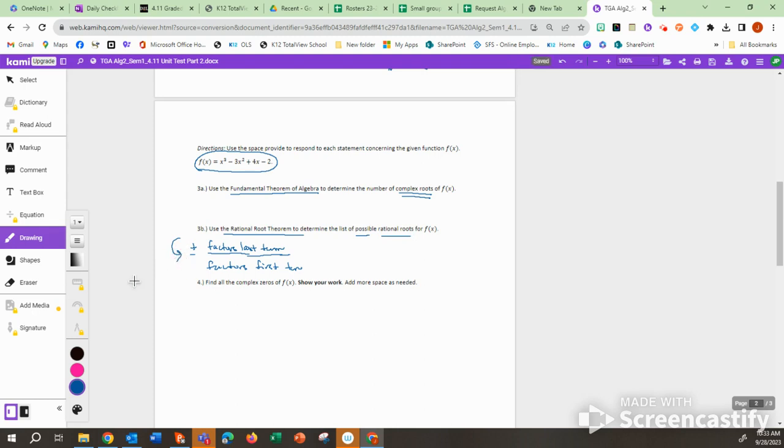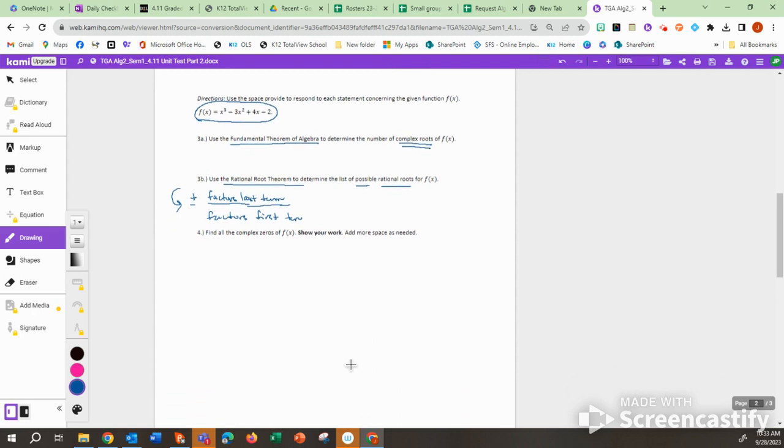Number 4 says find all the complex zeros of f(x), show your work, add more space as needed. So it's asking you to find all of the zeros. That means you're finding all of the solutions. We also use the word roots, but you have to find all the solutions to this equation.